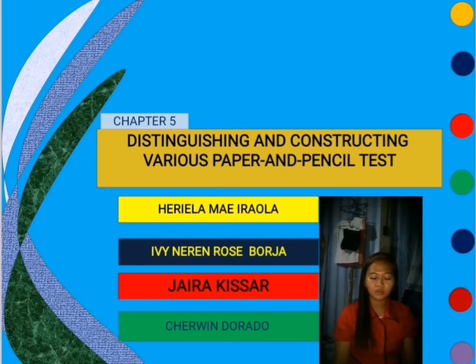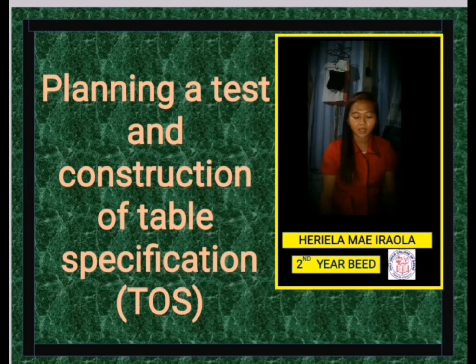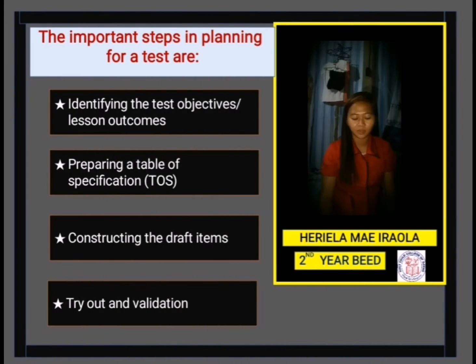Our topic for this afternoon is distinguishing and constructing the various paper and pencil tests. And we will tackle a planning test and construction of table specification. Allow me to explain about the parts and the important steps of the following.